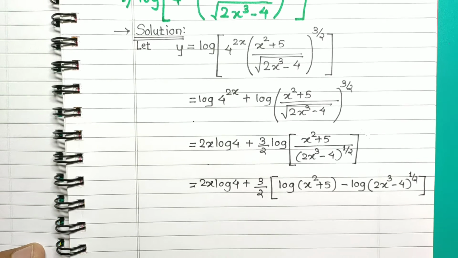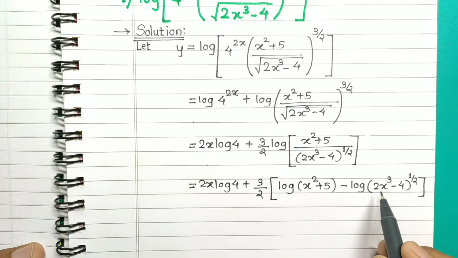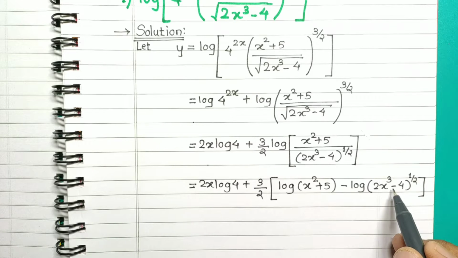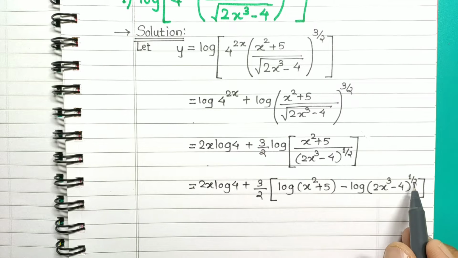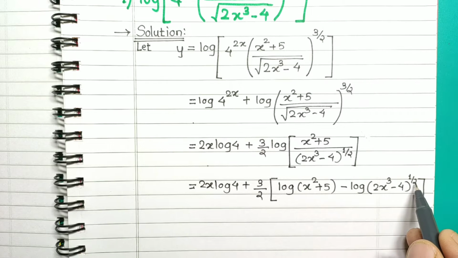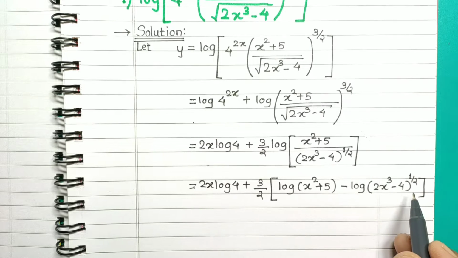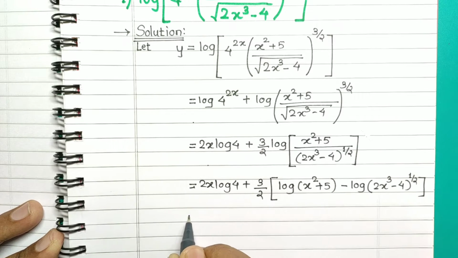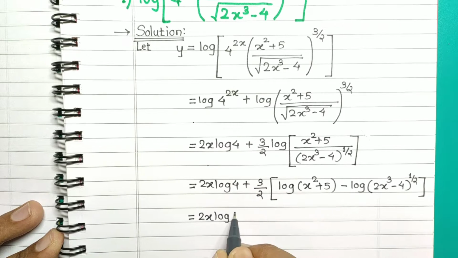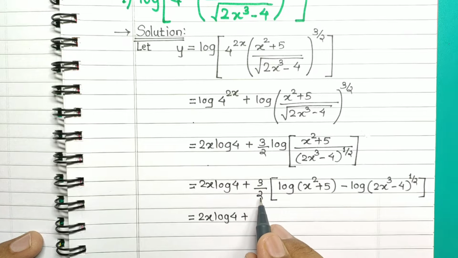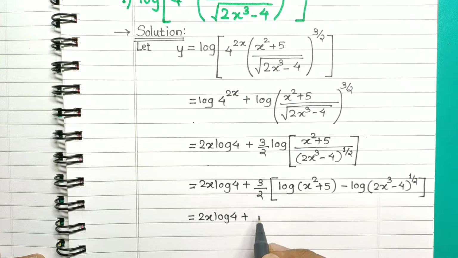Again, here this logarithmic term contains a term which is raised to half. So again, using the law of exponent, we can multiply this exponent half to this logarithmic term. So in the next step, we have this term as it is, 2x into log 4 plus, let's multiply this 3 by 2 to the bracket.